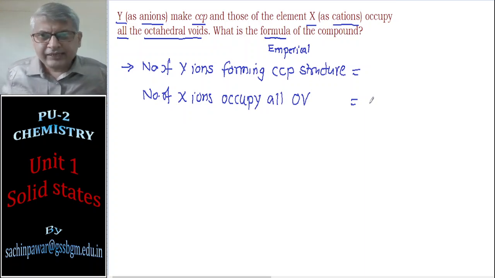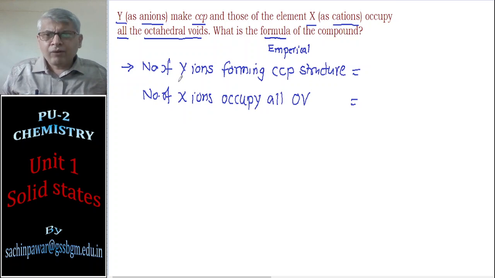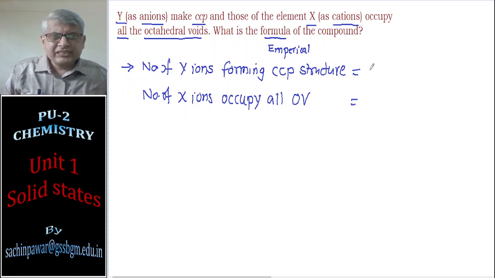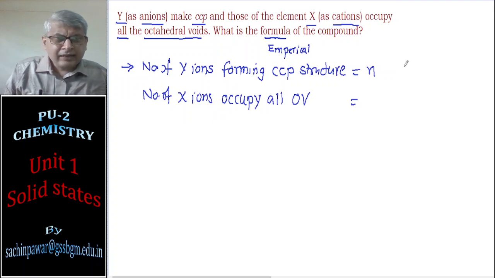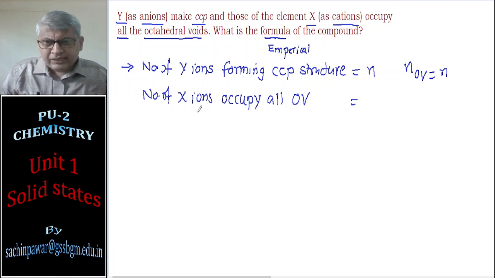They have not given anything to us, so we have to assume. Let the number of Y ions forming CCP be equal to n. Then the number of octahedral voids will be equal to n. And since all the octahedral voids are occupied by X ions, it will be n only.